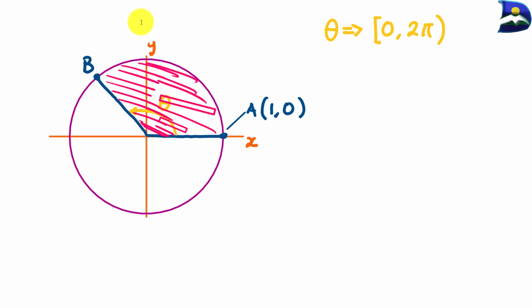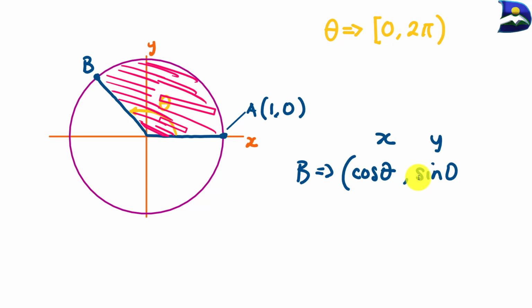We now are going to create a relationship with our cos, which is our trig function, and that of our sine. By convention, remember that for our specific points, let's say for example point B, the coordinate which we need to address for our x is expressed as cos theta, and for B's y it is expressed as sine theta.